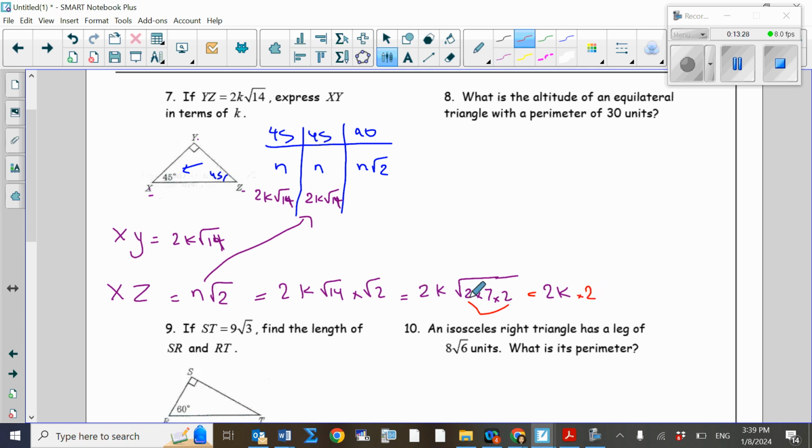That's basically these two numbers that are moved outside of the radical. And then under the radical, I have root 7. Okay, 2 times 2 is 4. That's going to be 4k root 7. The question is not asking you to find xz, but I just did it for you to learn how to work on this question.